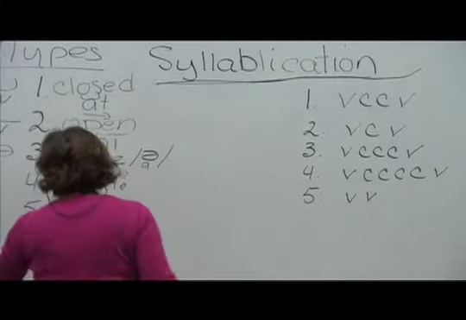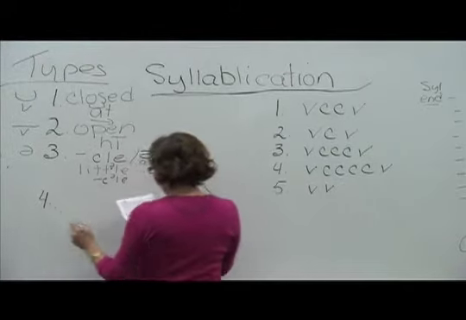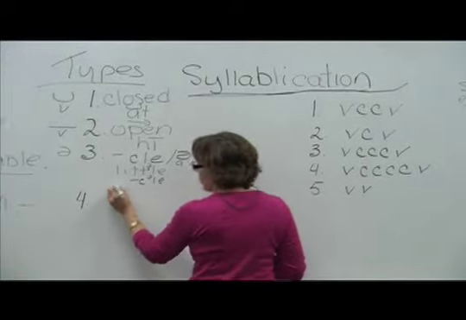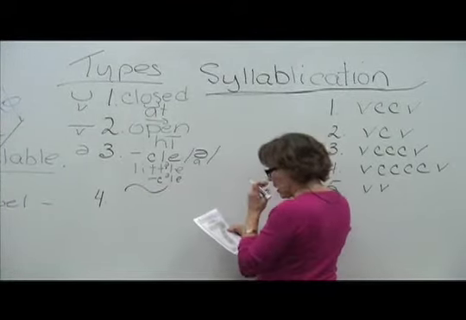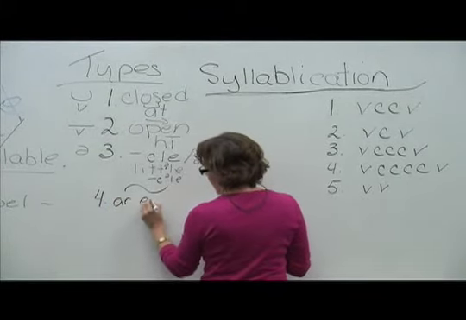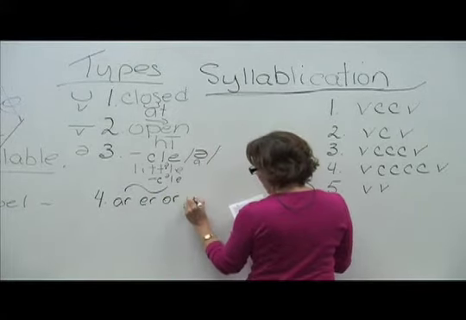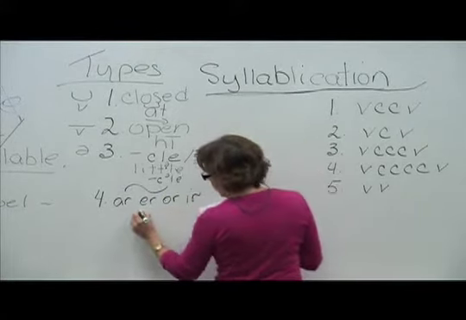All right, the fourth type, let me move this down a little so we get some more space. The fourth type of syllable is what we call the controlled R. Remember, we talked about that yesterday. There's an A-R, E-R, O-R, I-R, and a U-R.